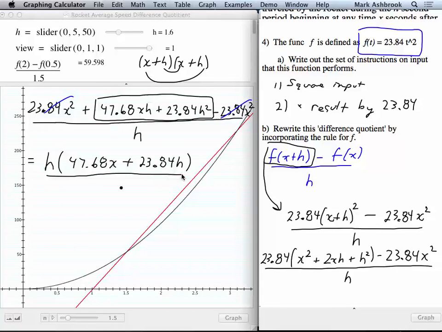And the reason we factor that h out is h over h is 1, so it goes away. And we have this new, simpler expression, 47.68x plus 23.84h.